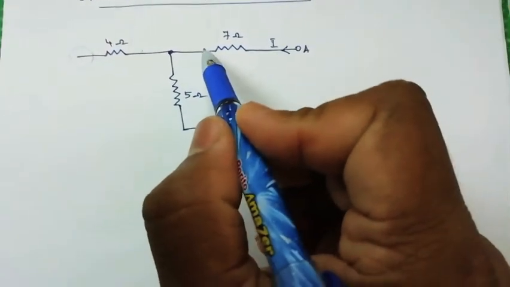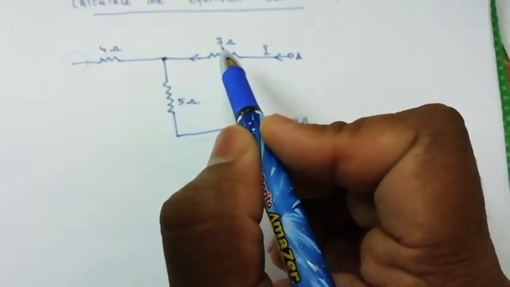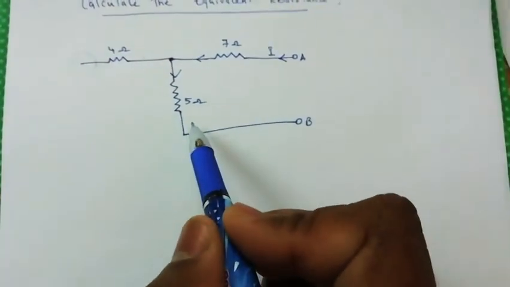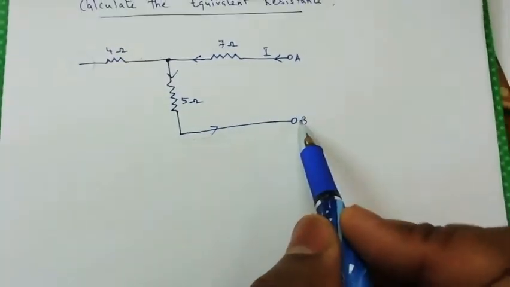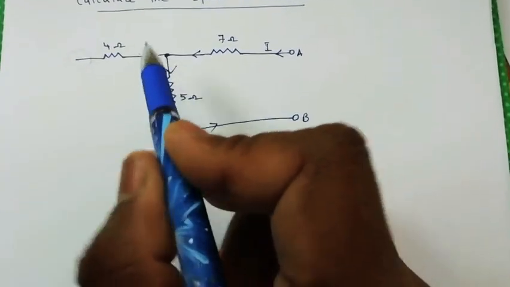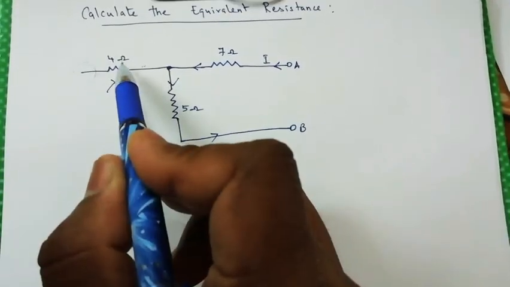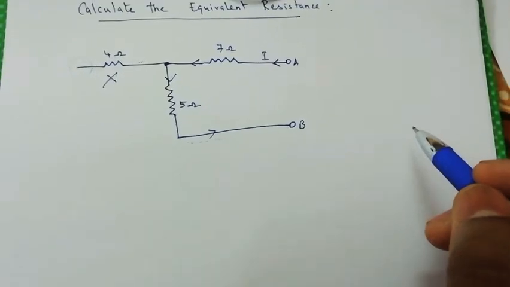So what happens is, after the current crosses the 7 ohm resistance, it changes its direction towards the 5 ohm resistance, and the current closes the circuit here. That means the current cannot flow in this area, so the 4 ohm resistance, the current will not pass. Do you all understand?